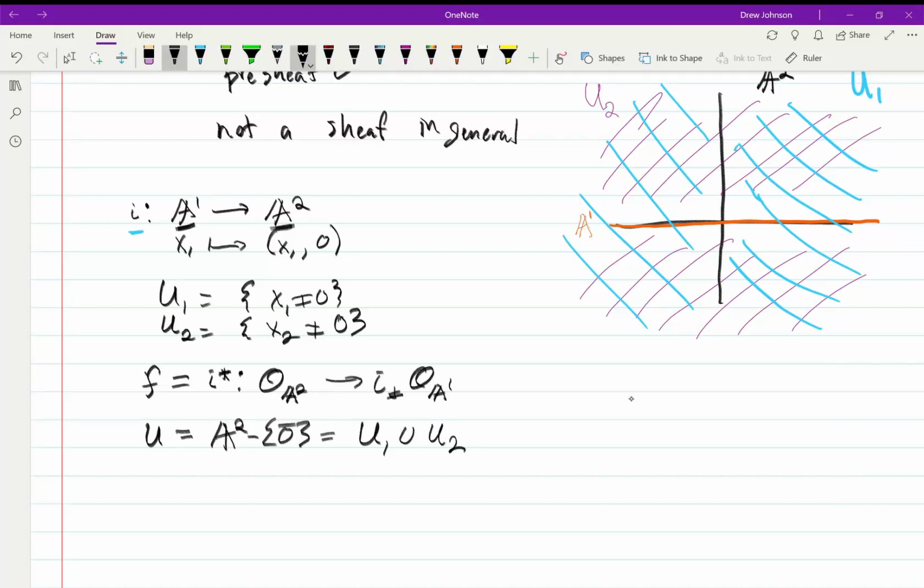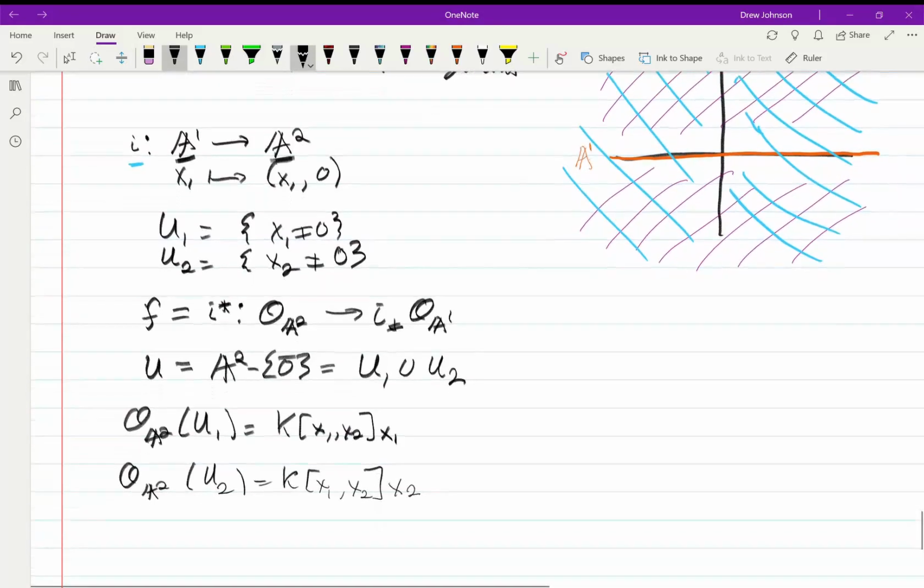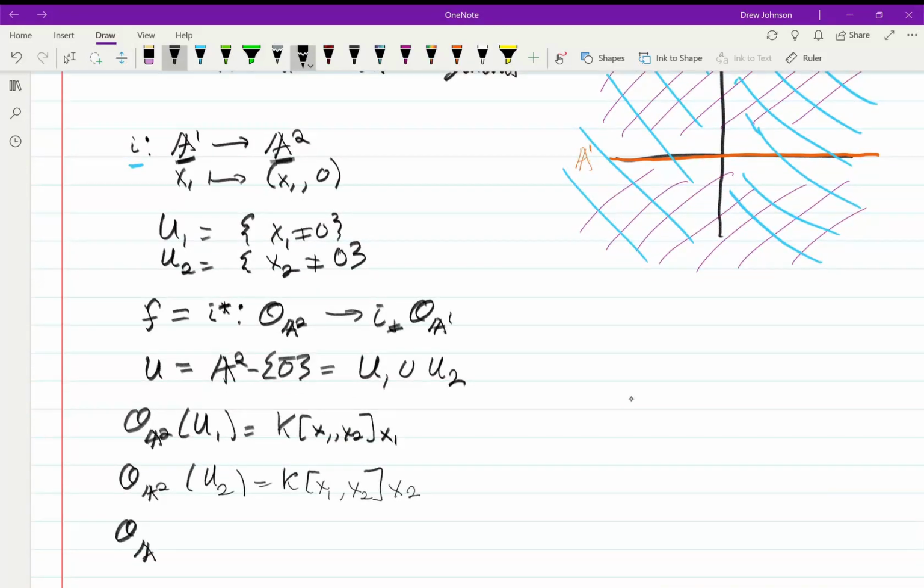All right, so now we've got to do a lot of computations, but none of them are hard. So let's look at O_A2 of U1. That will just be the polynomial ring localized at x1, right? Because x1 is not equal to 0. Let's look at it on U2. It will be the same thing. And then let's look at the intersection.